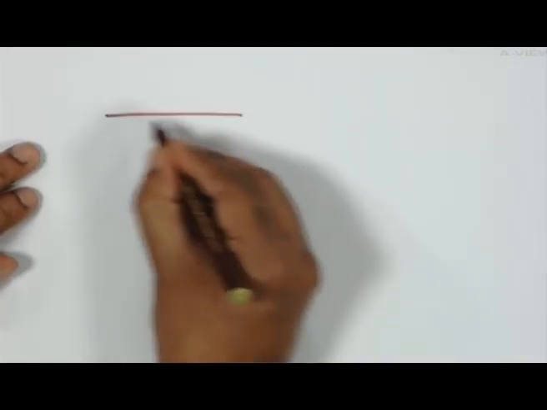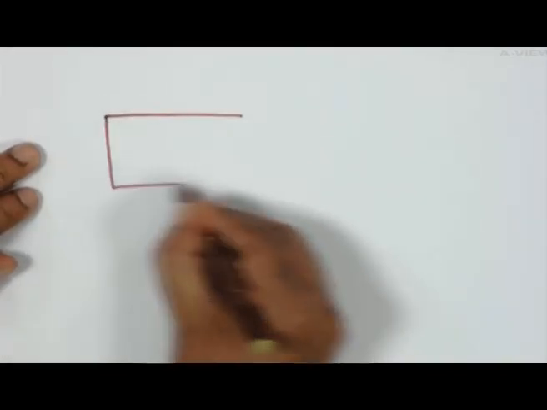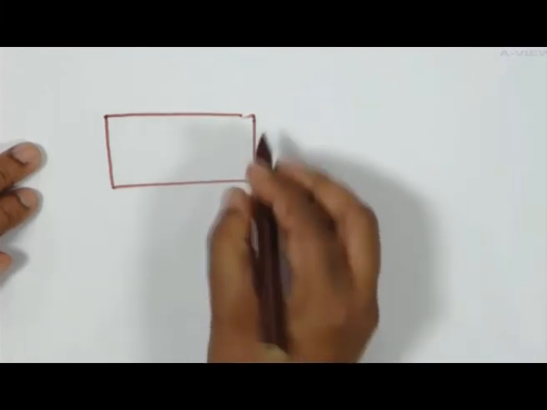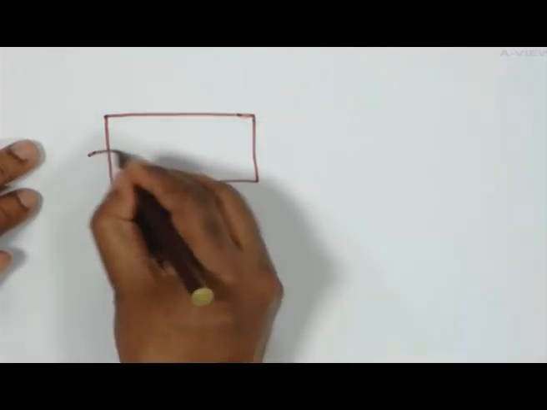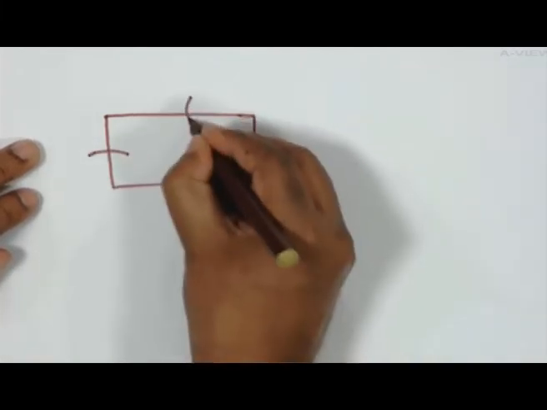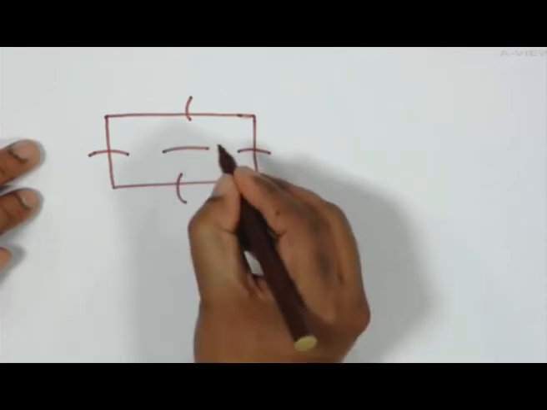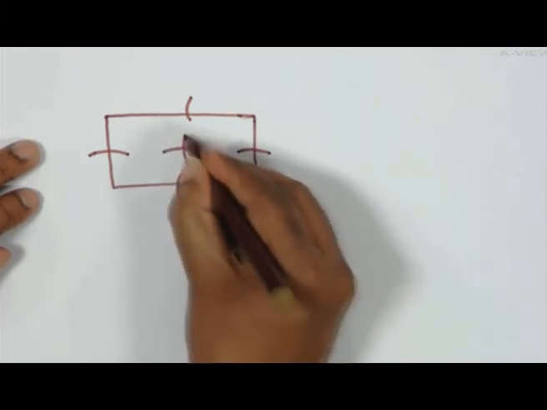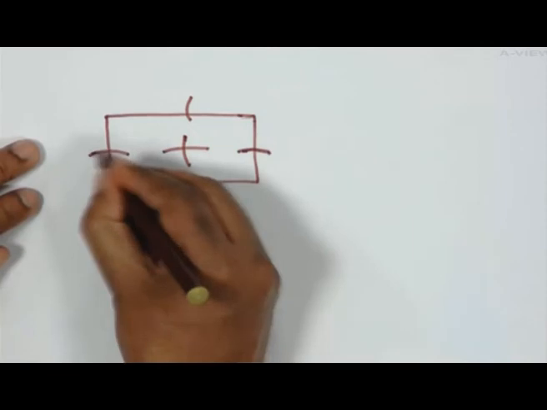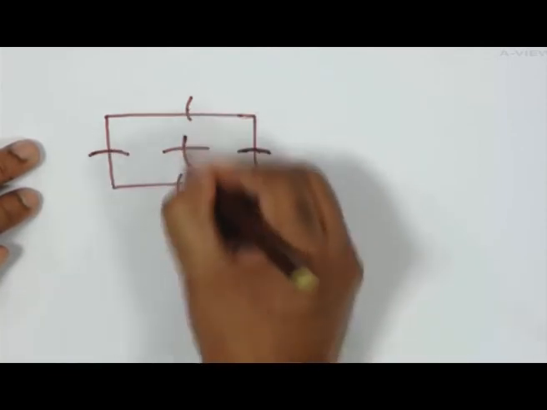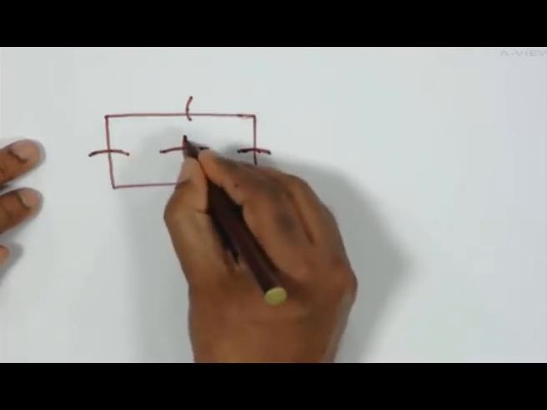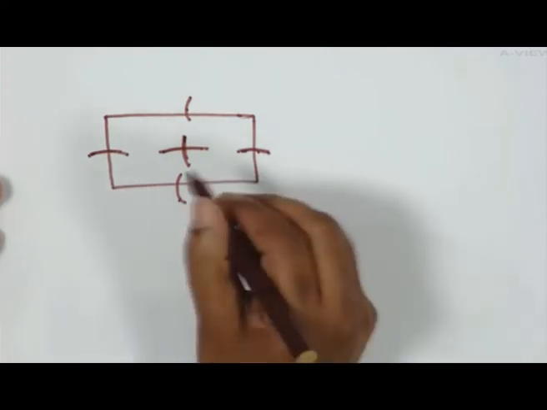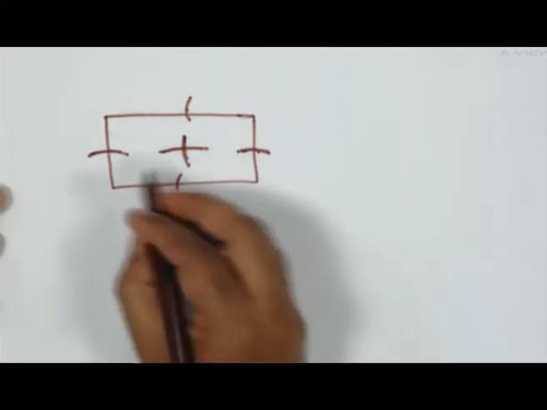That means if we have a panel, I can find out the bending moment here, and similarly I can find out the bending moment this way. So this is the value we calculate here.